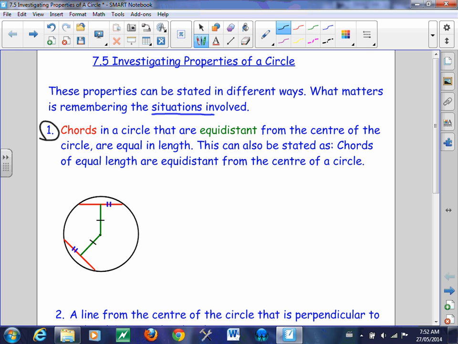There's another way you can express this as well. It can also be stated as chords of equal length are equal distance from the center of the circle. So the thing to remember is that when you've got equal chords, they're going to be equidistant from the center. Or if they're equidistant from the center, the chords are going to be equal in length.